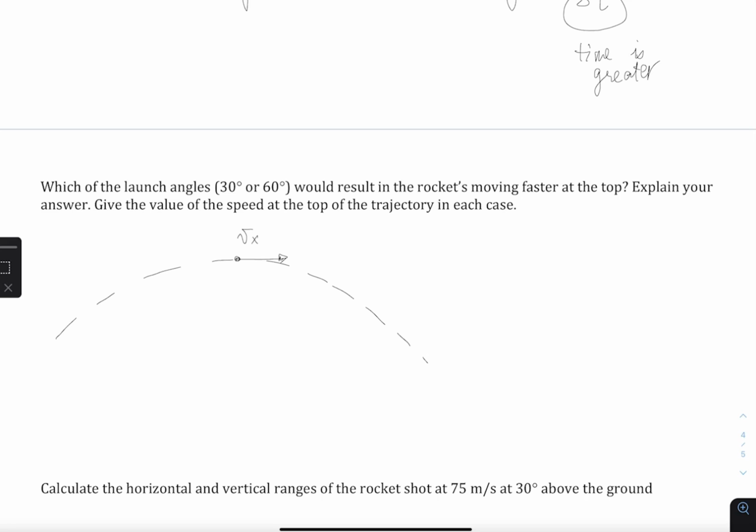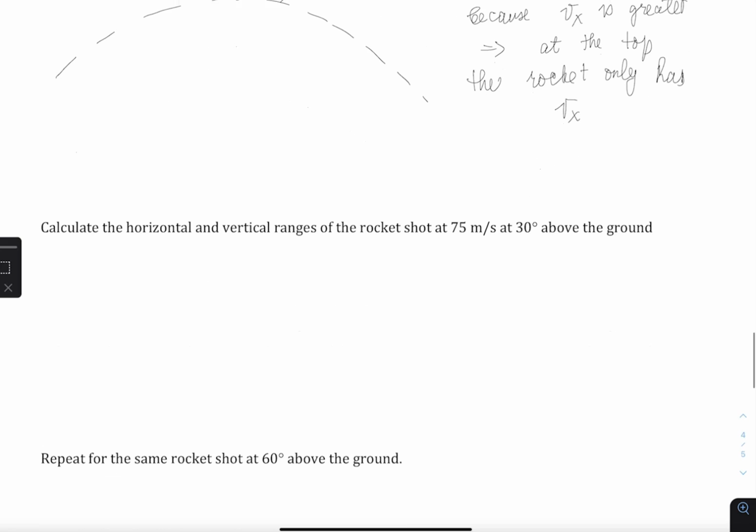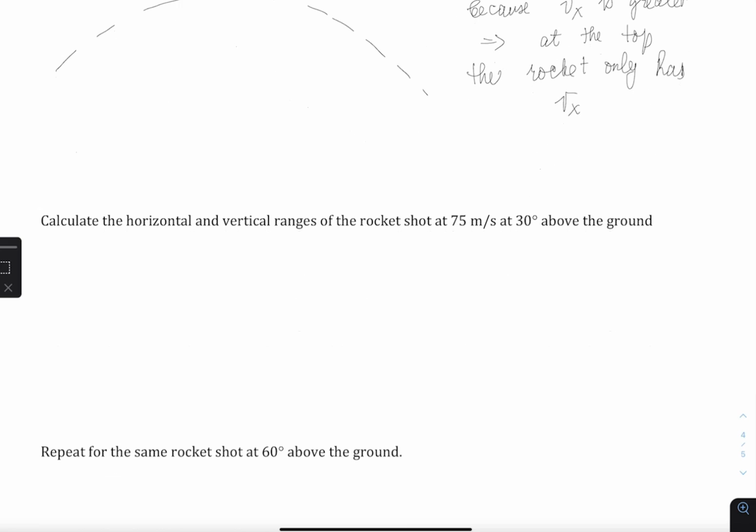So the one shot at 30 degrees, because Vx is greater at the top, the rocket only has Vx. There you go. Calculate the horizontal and vertical ranges of the rocket.